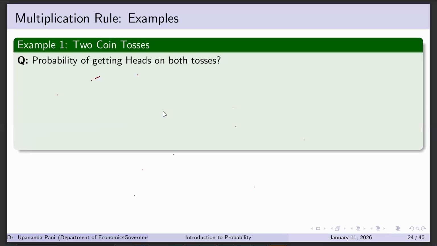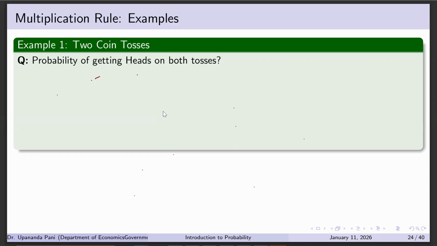Now, multiplication rule example: probability of getting heads on both tosses. You have tossed 2 coins, right? What is the probability of getting heads on both tosses? Chinmay, will you be able to solve it? Yes, sir. Okay, do it quickly.